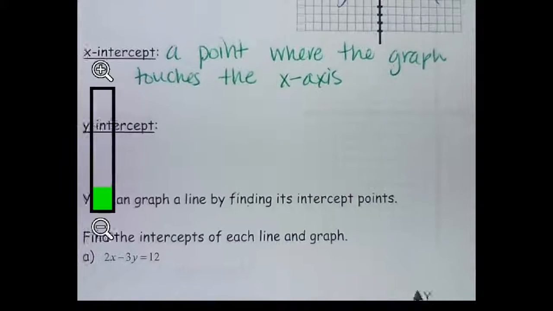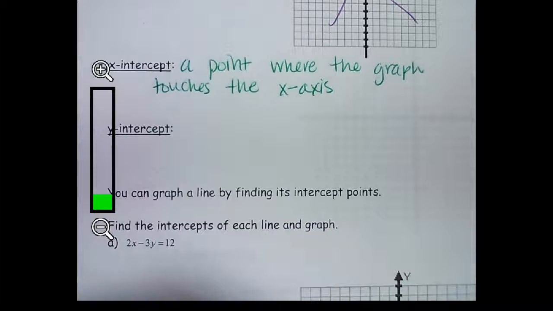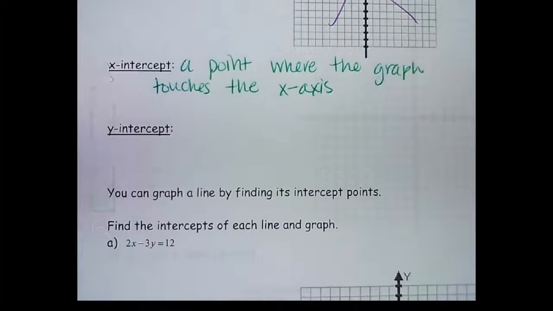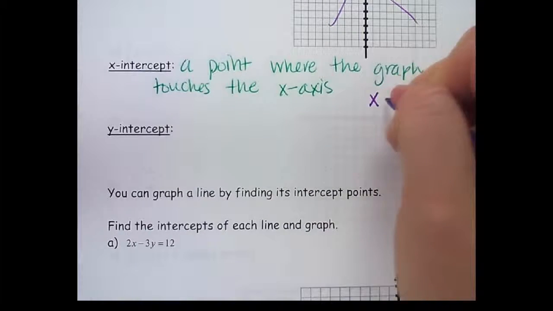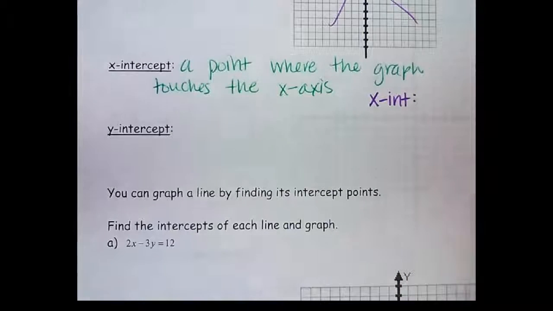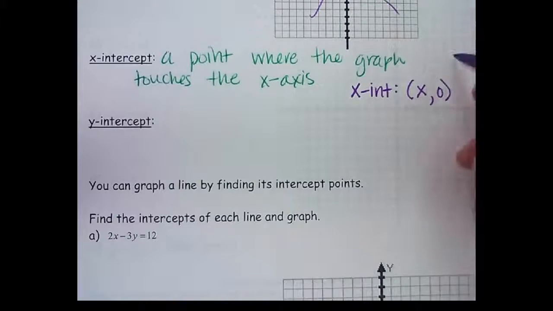When you're writing these, make sure that you always write them as coordinate points. Don't just write x equals or y equals because they are points on the graph. So x-intercept's always written as the number, comma, 0. So x, comma, 0, whatever that number is. The key here is that the y value is 0.